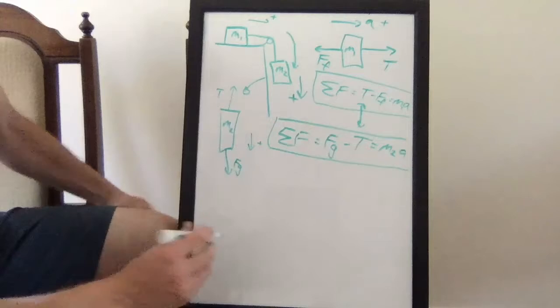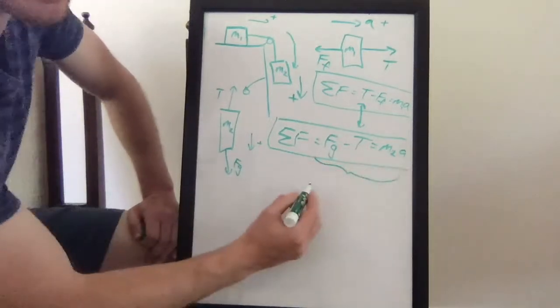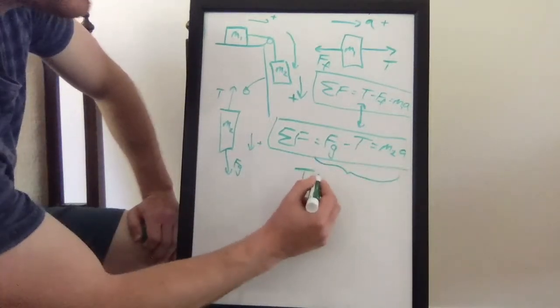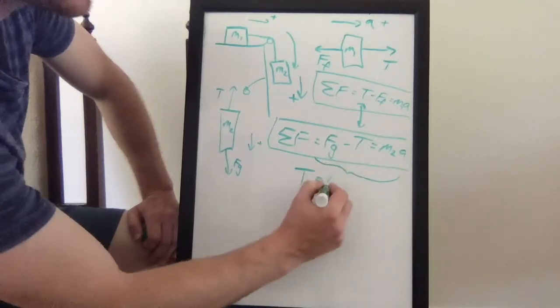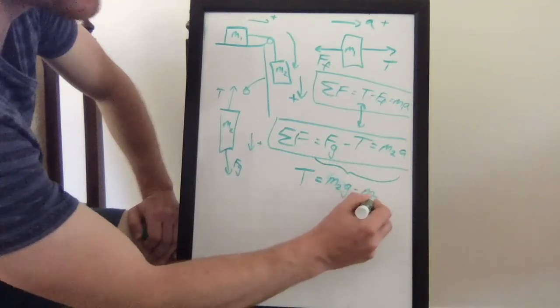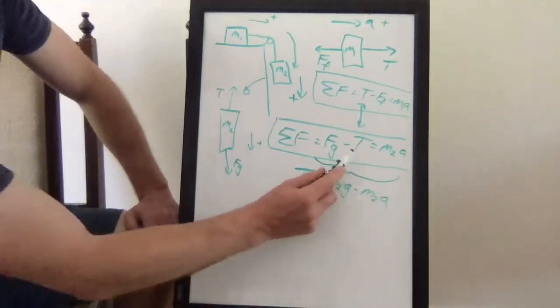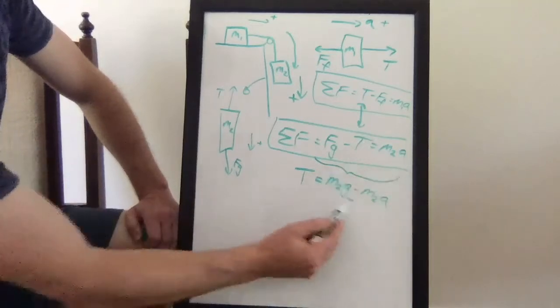So what we can do is say that from this equation, my tension is equal to the force of gravity, which I'm going to now write as M2 times g, minus M2 times the acceleration. So I took my tension, moved it over to the other side and brought my M2a over to this side.